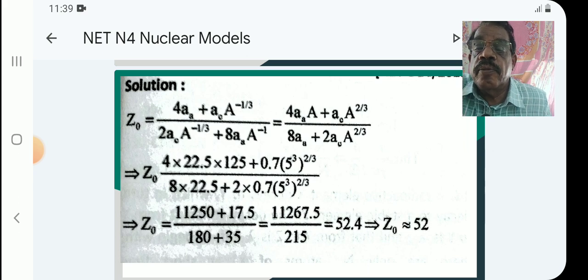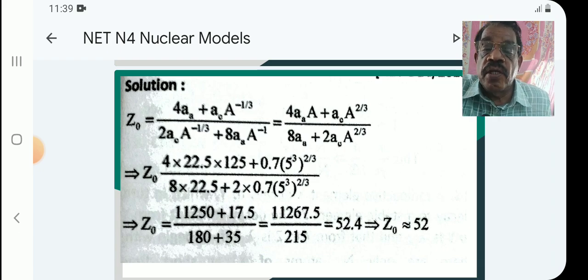Here you know A is proportional to radius cubed. So Z0 is 11250 plus 17.5 by 180 plus 35. The answer is 11267.5 by 215, that is equal to 52. So Z0, the element, is 52.